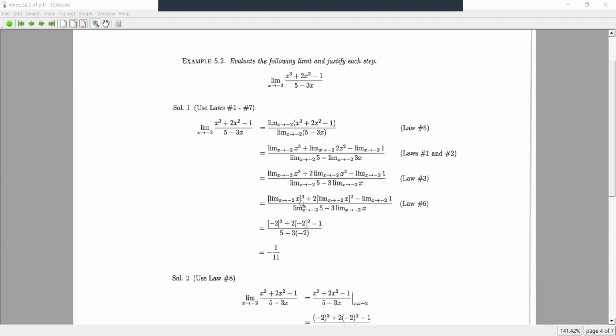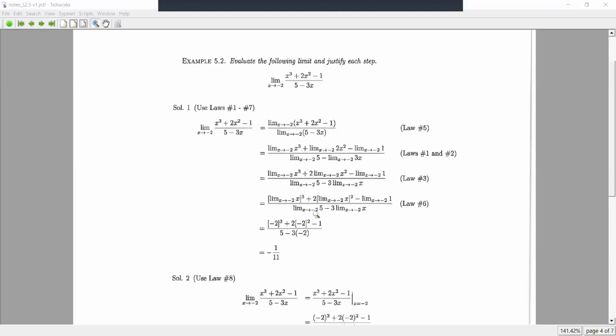Of course, -2. So this limit is -2. This is a -2. And this limit of a constant, as x approaches -2, what number will the constant 1 approach? It will approach 1. So the limit is 1.